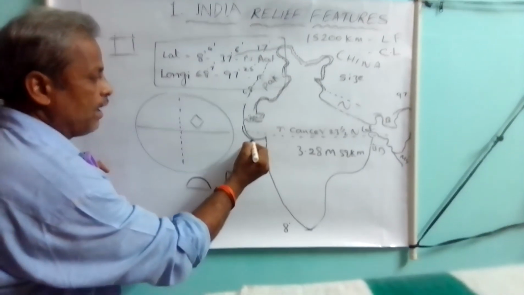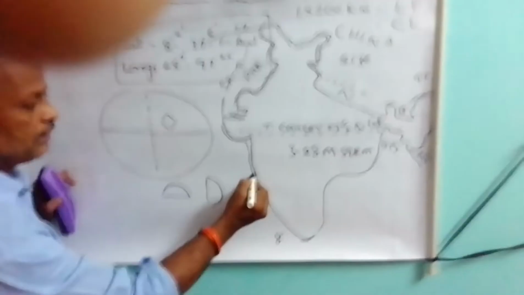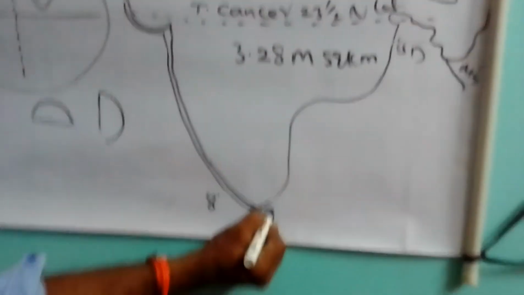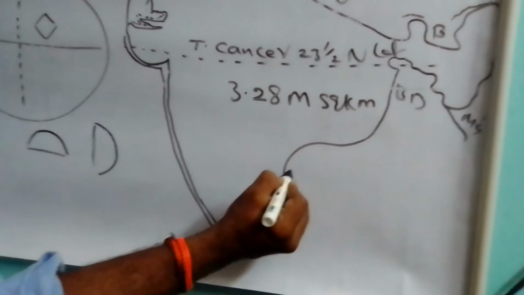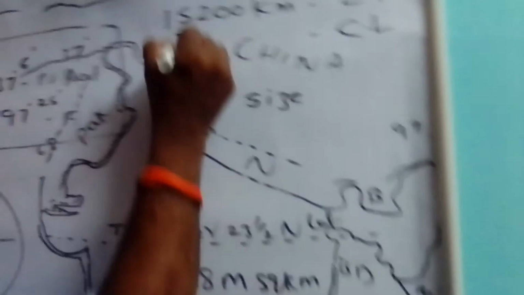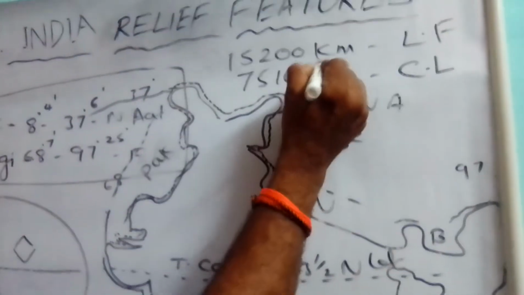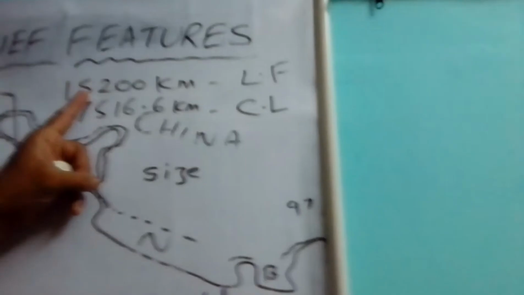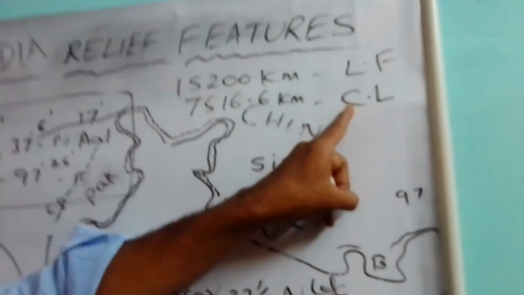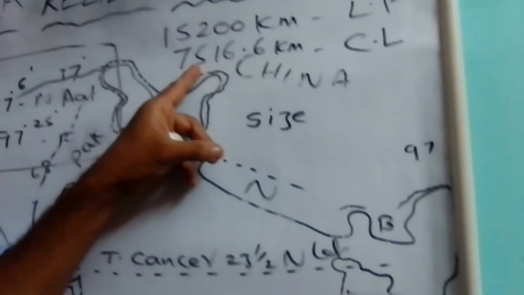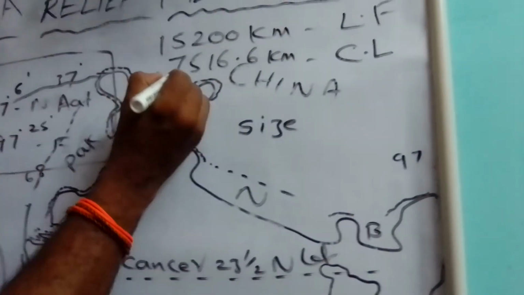And whereas the coastal line, we are drawing, this is the coastal line. The coastal line of our India is about 7,516.6 kilometers. So the total land frontier of our India is 15,200 kilometers and the coastal line is about 7,516.6 kilometers.